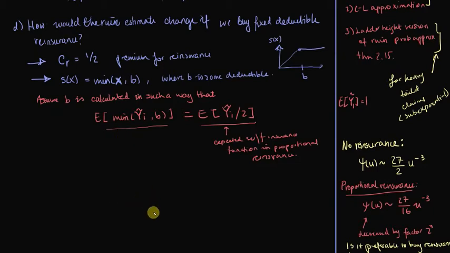So then the fixed deductible reinsurance and the proportional reinsurance can be compared in terms of which gives a better ruin estimate.